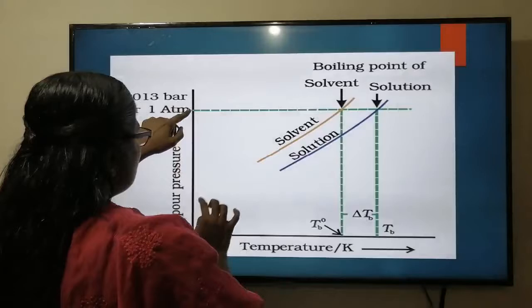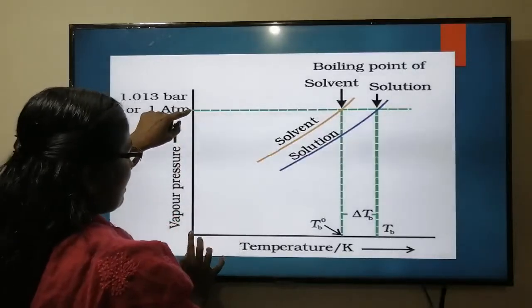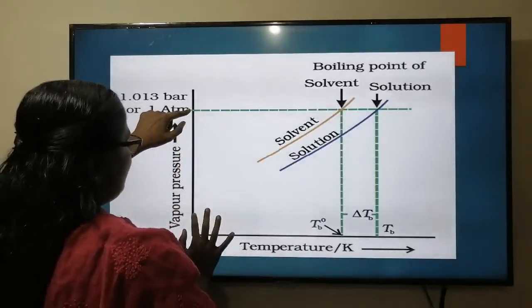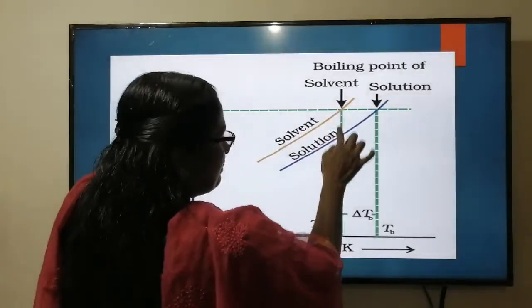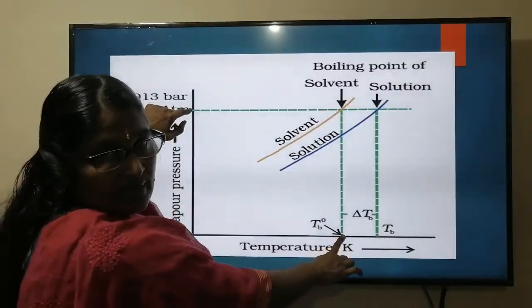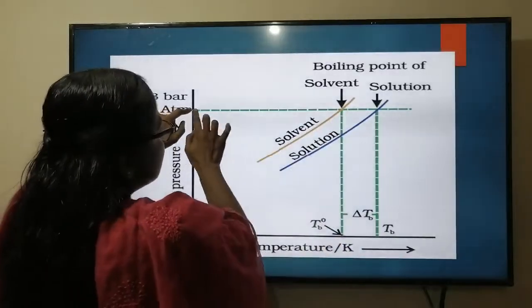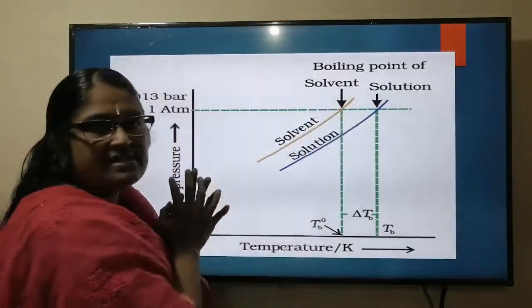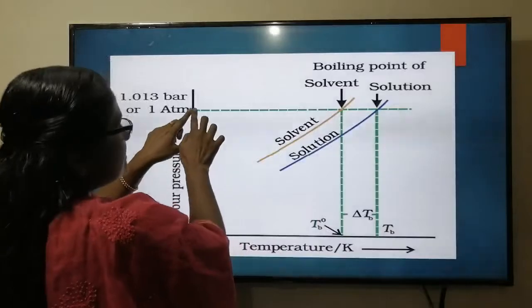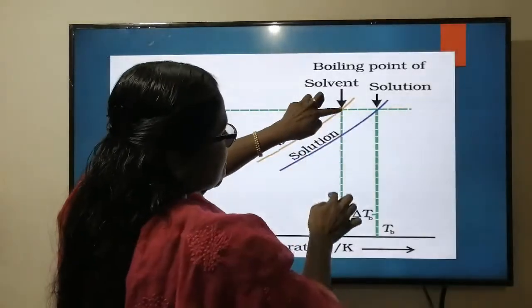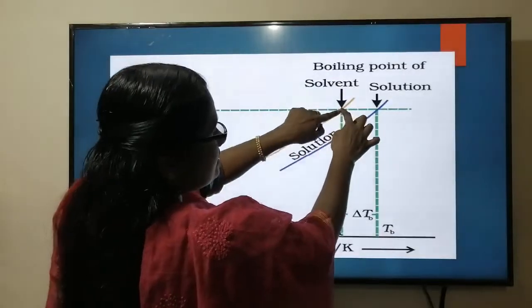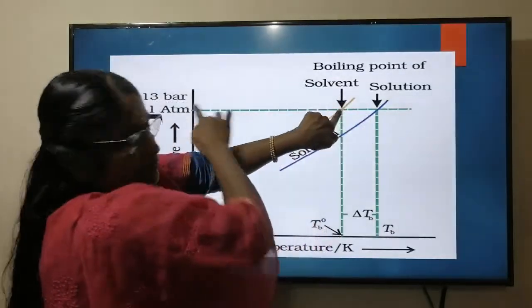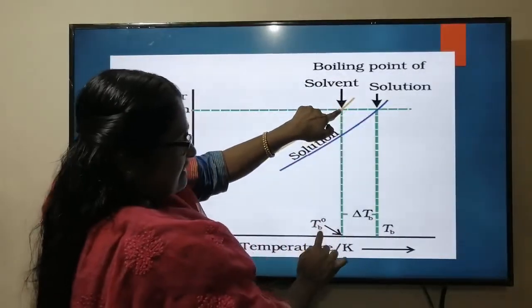So when the vapor pressure becomes equal to 1 atmosphere, that temperature is known as the boiling point of that liquid. The temperature corresponding to 1 atmospheric pressure is known as the boiling point. So you check this graph: for the pure solvent, this is the temperature at which the vapor pressure becomes equal to 1 atmosphere. That temperature is TB0.